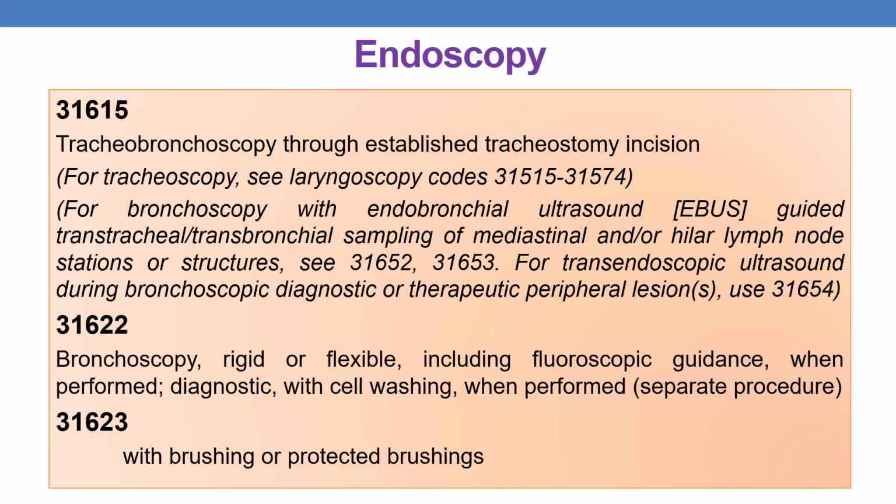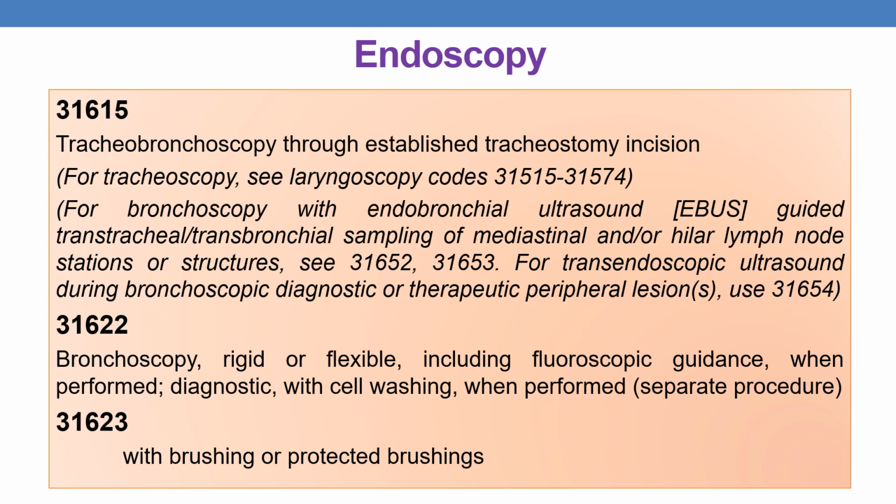Now coming to the first CPT, that is 31615. It deals with tracheobronchoscopy through established tracheostomy incision. And for tracheoscopy, see laryngoscopy codes. They are 31515 to 31574.